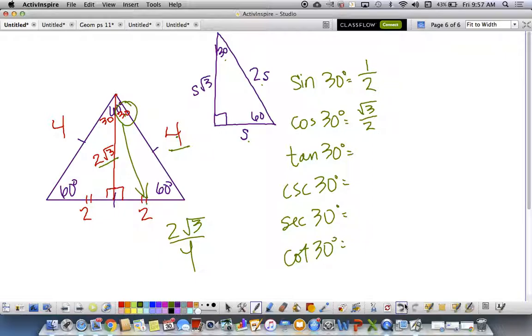No, never. So they're just reducing before they tell me. Could I have used this one? Adjacent is s square root of 3 over 2s. What reduces? The s's. So you still get the square root of 3 over 2.